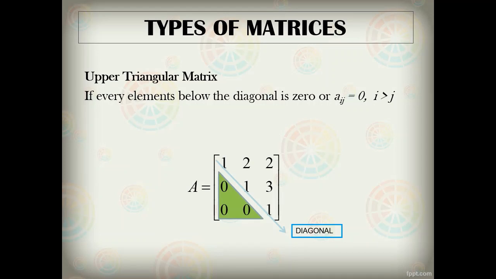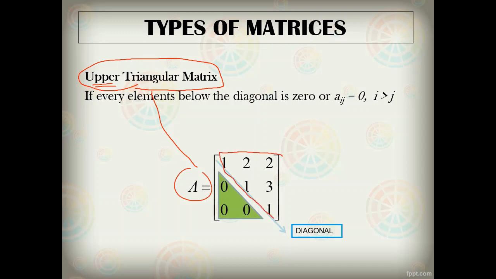Whenever the bottom part of the matrix is all 0, and you only have the elements for the upper part, this type of matrix is called upper triangular matrix, because you only have the upper part elements, while the rest of the elements at the bottom are 0.